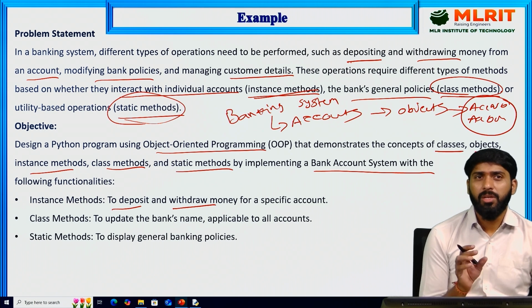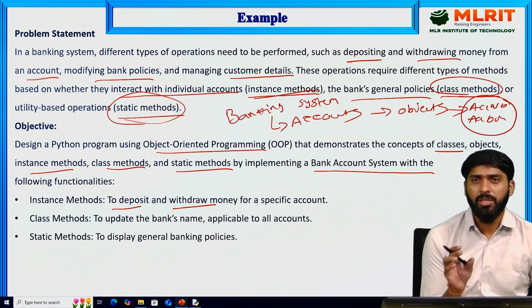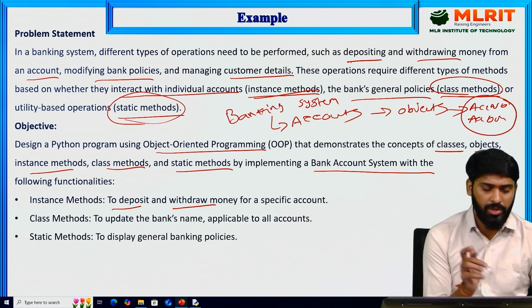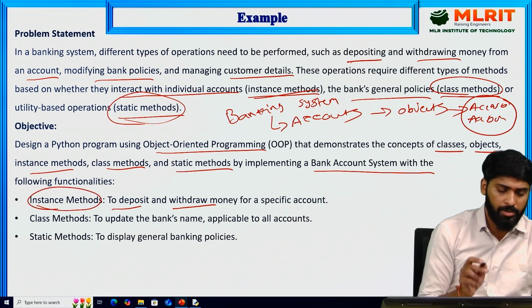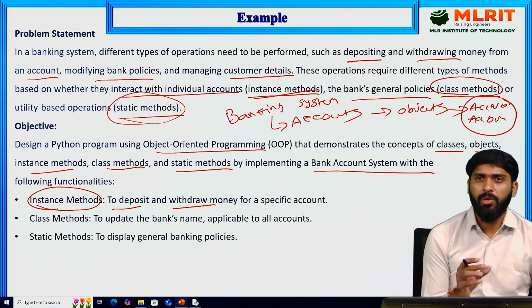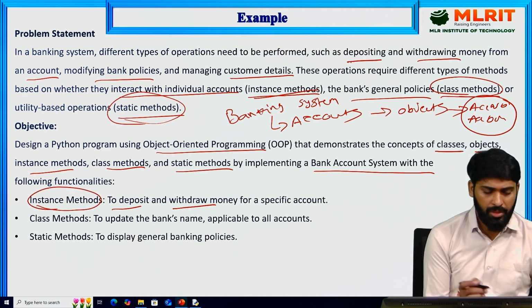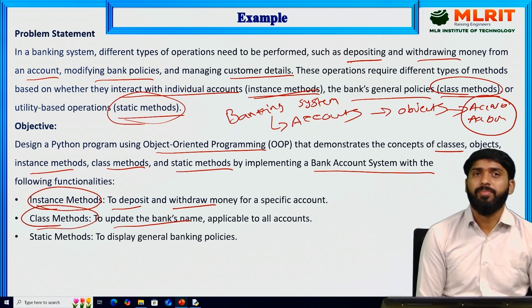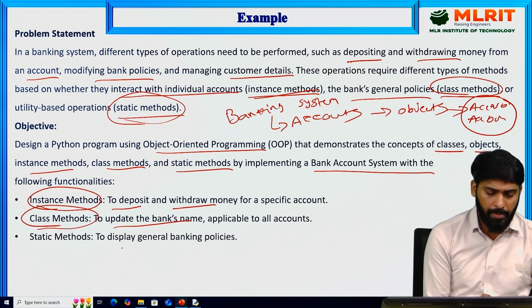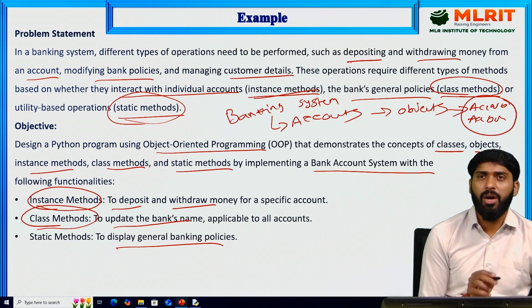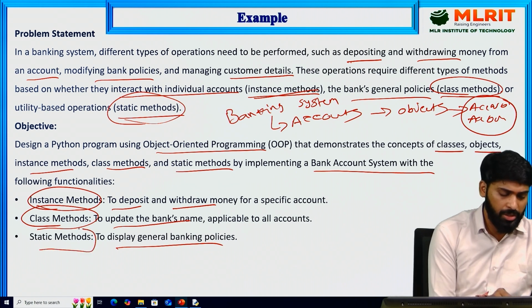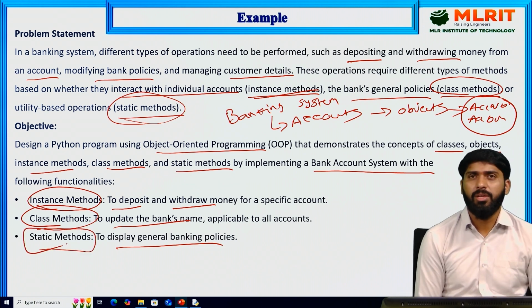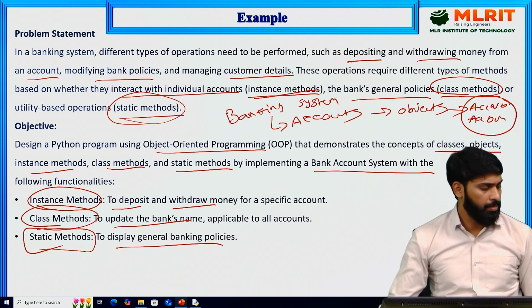Deposit and withdraw belong to a specific account, so we define that as an instance method. For example, if I want to update the bank name, that updation we define as a class method. To display the general banking policies, I define these using a static method. So, let us see the program.